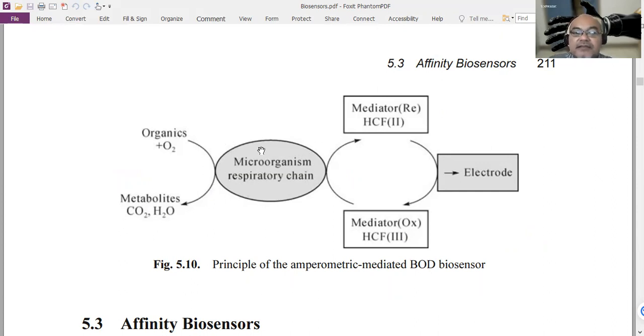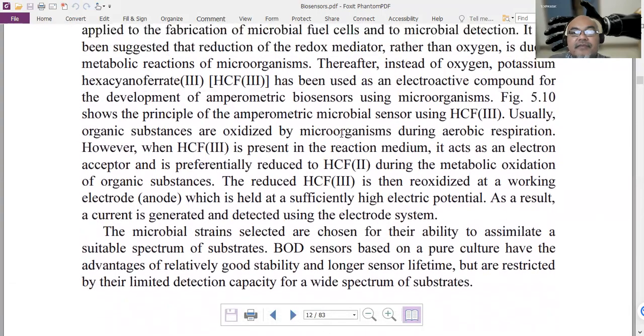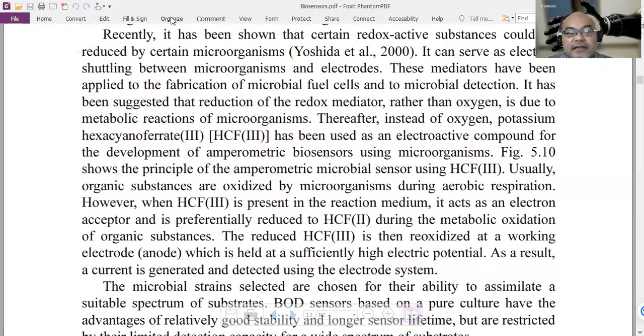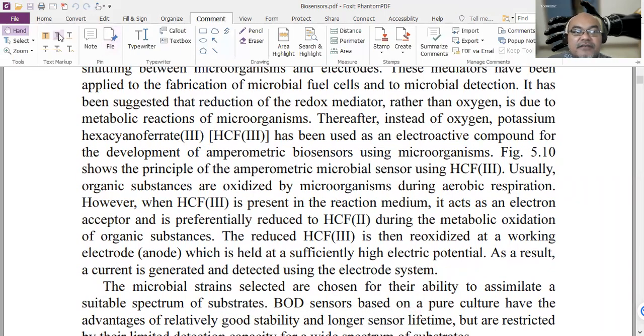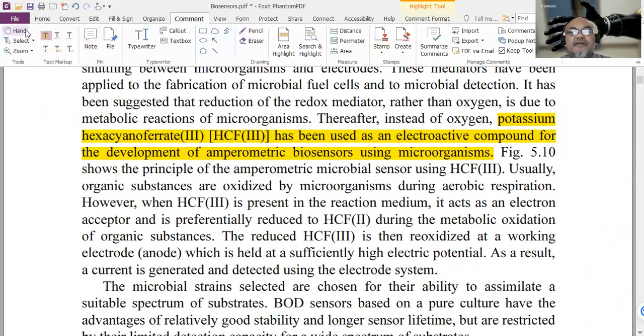And during this respiratory mechanism, we can have a mediator like this, HCF, which is potassium hexacyanoferrate, as the electroactive compound for the amperometric biosensor.